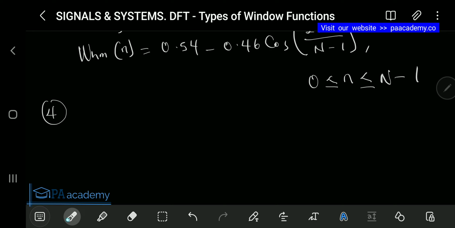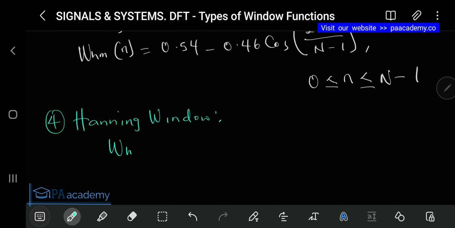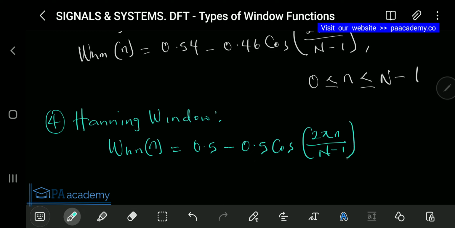And then, so we're only going to be looking at 4. The fourth one, let me just use a different pen so that you can differentiate them easily, is the Hanning window. For the Hanning window we have W HN equals 0.5 minus 0.5 cos of (2 pi n over N minus 1).